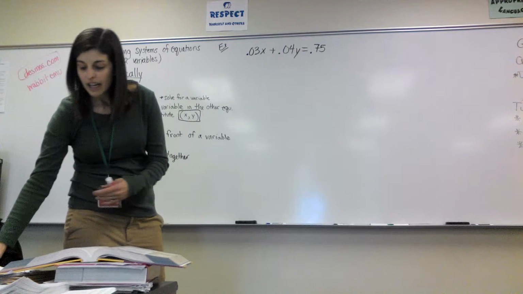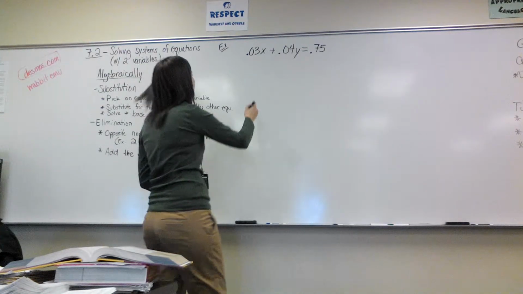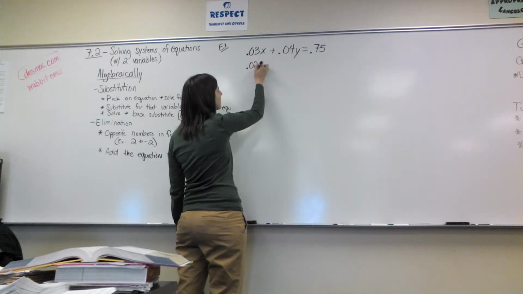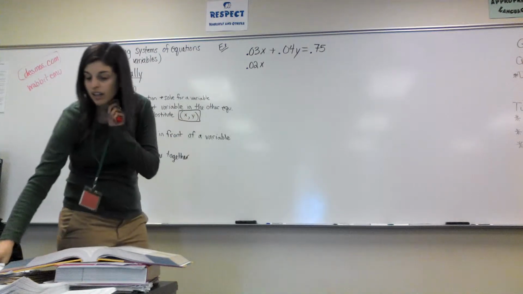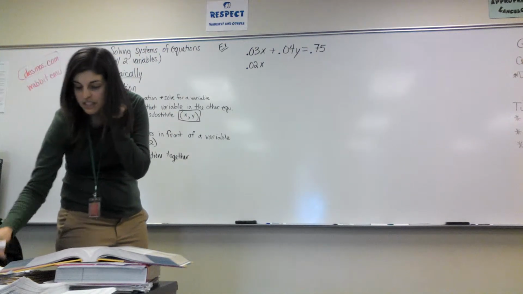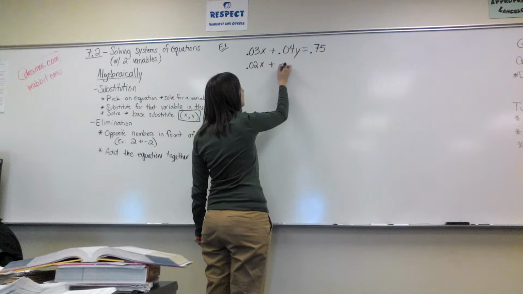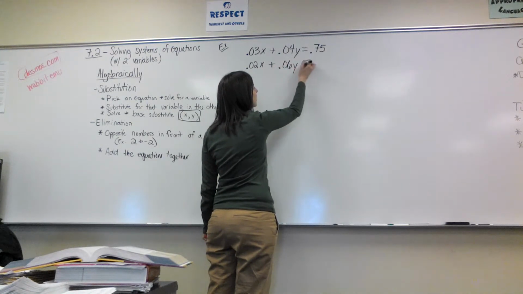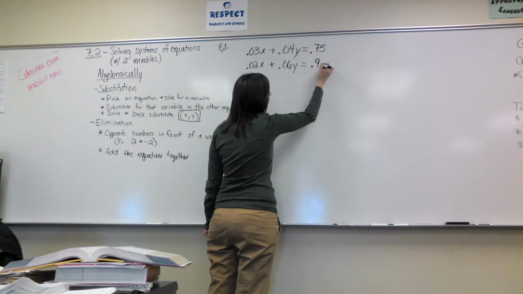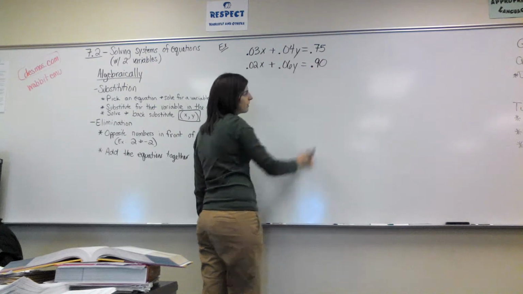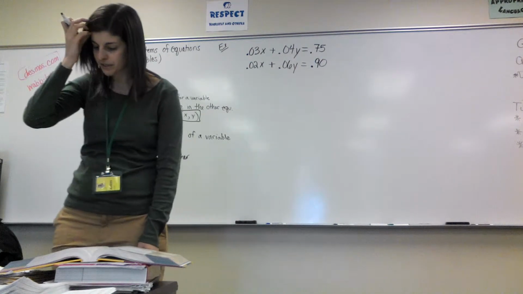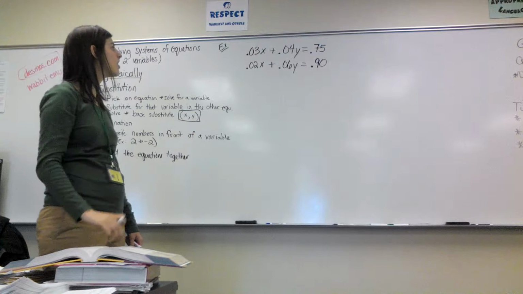And 0.02x plus 0.06y equals 0.90. You want to put the 0 on the end of it. We're going 2 decimal places for all of them. All right, let's solve this system.